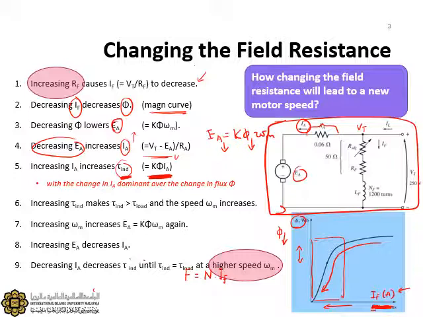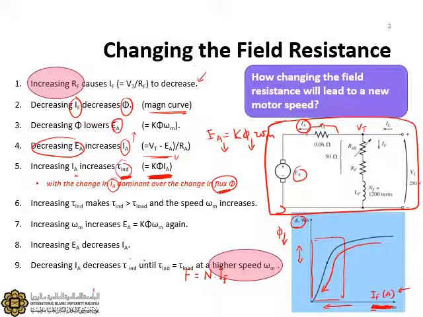Now we should underline here that the change in IA is dominant over the change in flux. What does it mean? Here we've got two conflicting effects. The change in the flux, in this case the flux is decreased, will lower down EA, and therefore lower down IA.